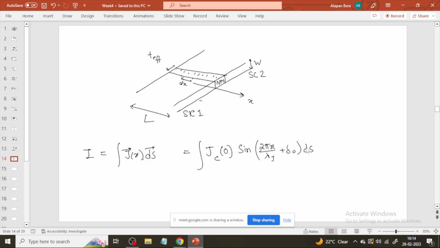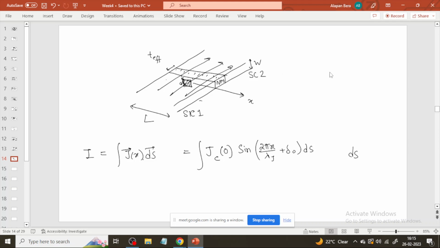Okay, now I have to integrate this. The ds is basically the small area along this region. This is our width w and this is dx.